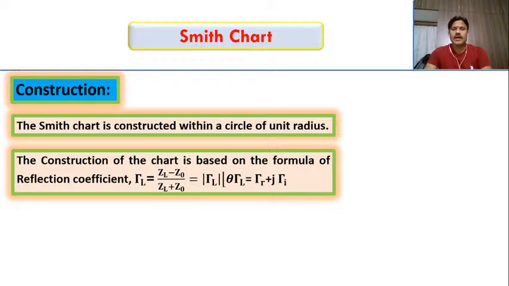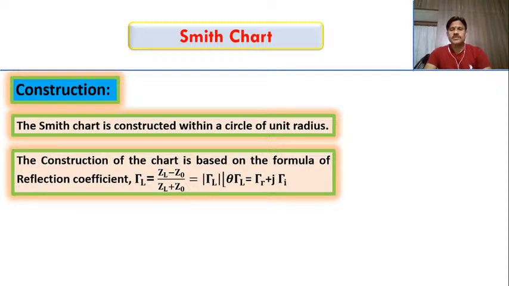The real part is gamma R, whereas the imaginary part is j gamma I. What is rectangular form? This is rectangular form, gamma R plus j gamma I. And what is polar form? Yes, magnitude into angle. So that is polar form, right.